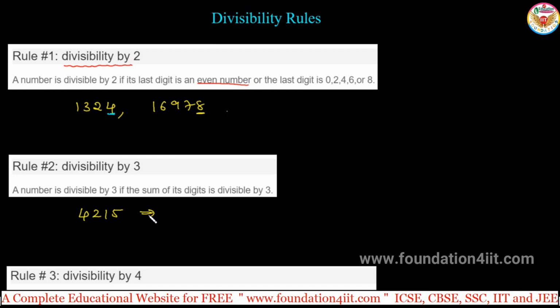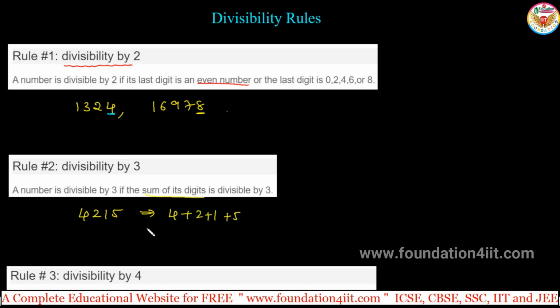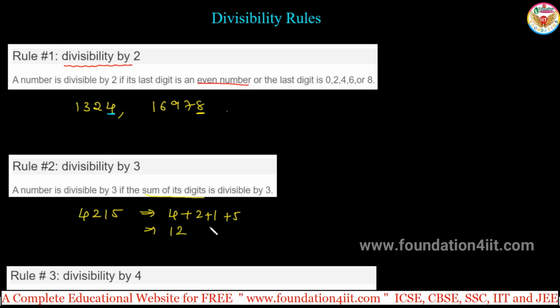To check whether this number is divisible by 3, take the sum of its digits: 4 plus 2 is 6, plus 1 is 7, plus 5 is 12. Now 12 is divisible by 3. In the same way, this number is also divisible by 3. So 4215 is divisible by 3.